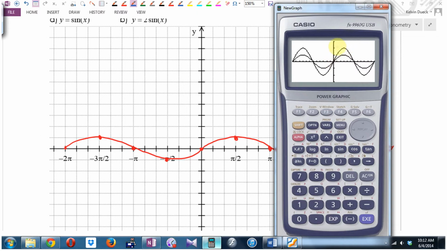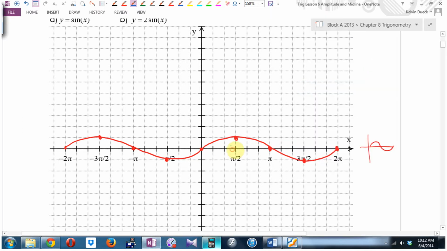Was there a 2 somewhere in the original equation? So that graph is going to go through here at 0, through here at 0, through here at 0, through here at 0, through here at 0. But instead of 1 high, it's going to be 2 high. Instead of 1 down, it's going to be 2 down. It's going to look like that. The amplitude changes.